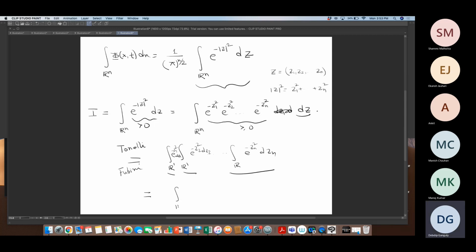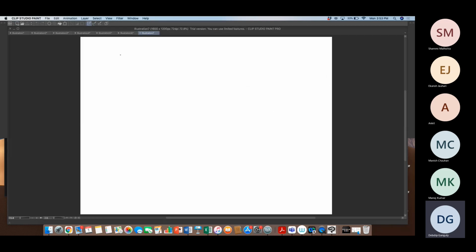So I can write this as the integral over R of e to the power minus x square dx, whole to the power n, there will be n terms. So your I is nothing but n copies of e to the power minus x square multiplied, by Tonelli's theorem.